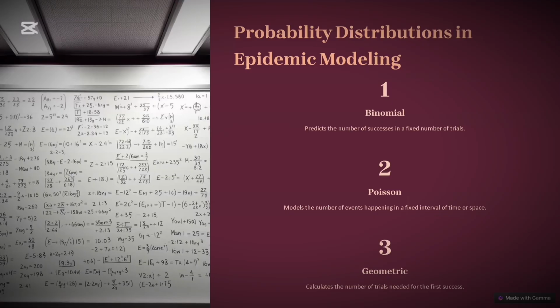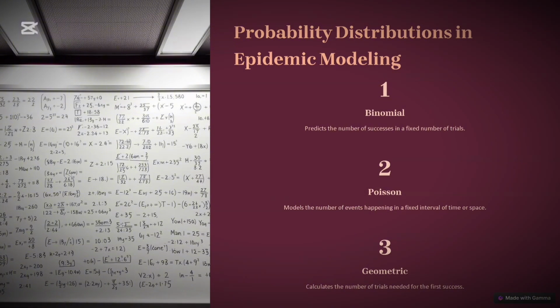And then, so these are some of the distributions that we use in these models. We have the binomial distribution, where we have a fixed number of individuals, and then we calculate the number of people who are going to be infected when there is an outbreak of a particular epidemic within that community or within that fixed group of people.